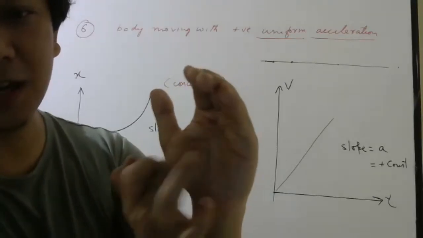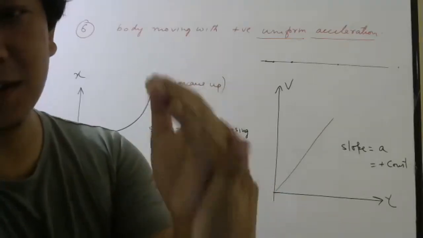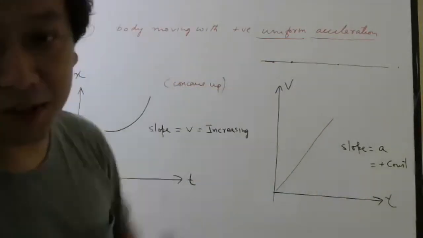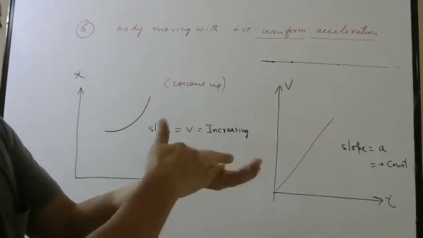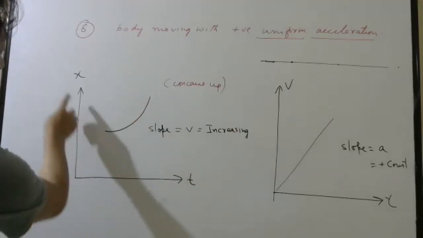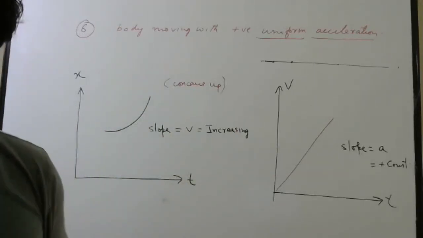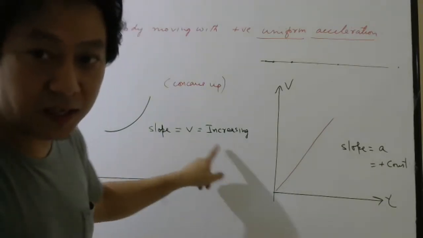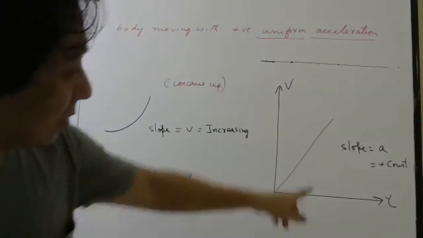This side is concave, this is convex. So whenever positive acceleration is mentioned, it will be concave upwards, something like this. And it cannot be straight. Why can it not be straight, sir? Because the slope is increasing, so the rate is increasing. Here the slope is constant.